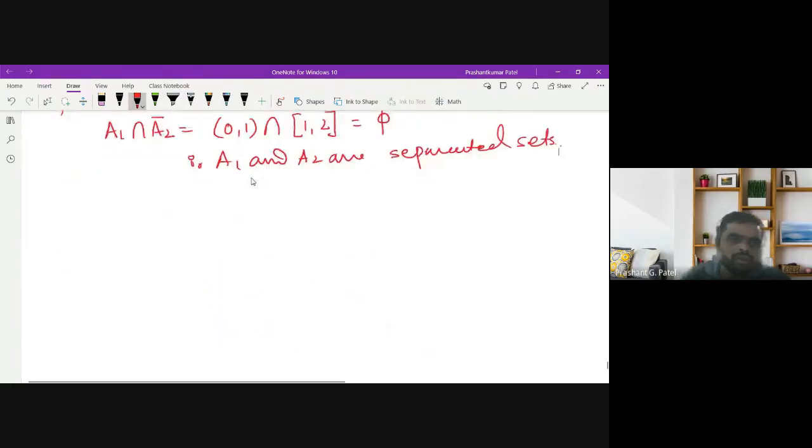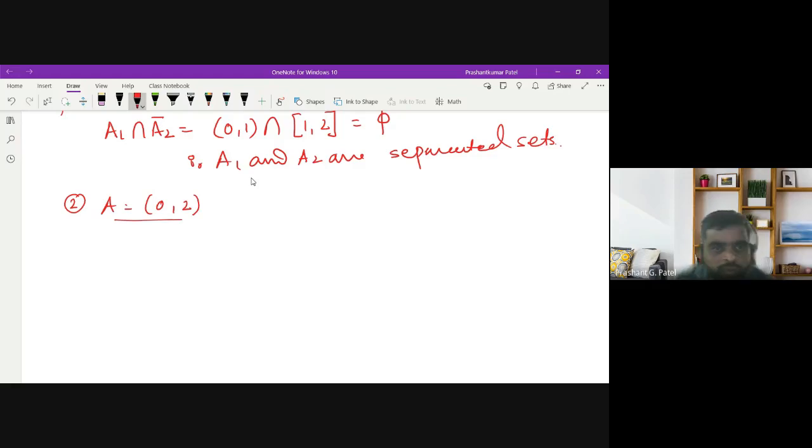For example, if I have the set A, which is the closed interval [0, 2], this set does not have a separation. If I want to say that something does not have a separation, I have to prove that there are no subsets of it that will separate this set, and that is difficult to show because I have to look at each and every subset.